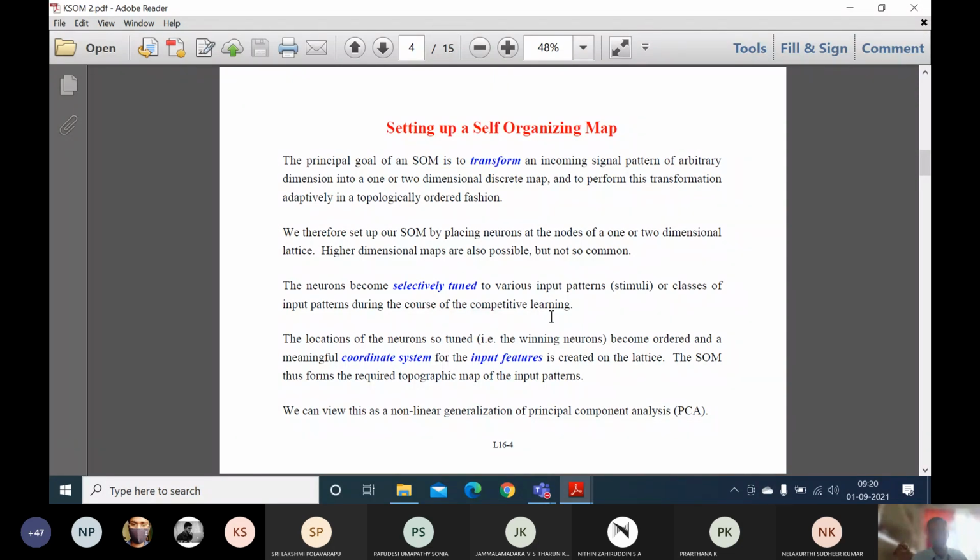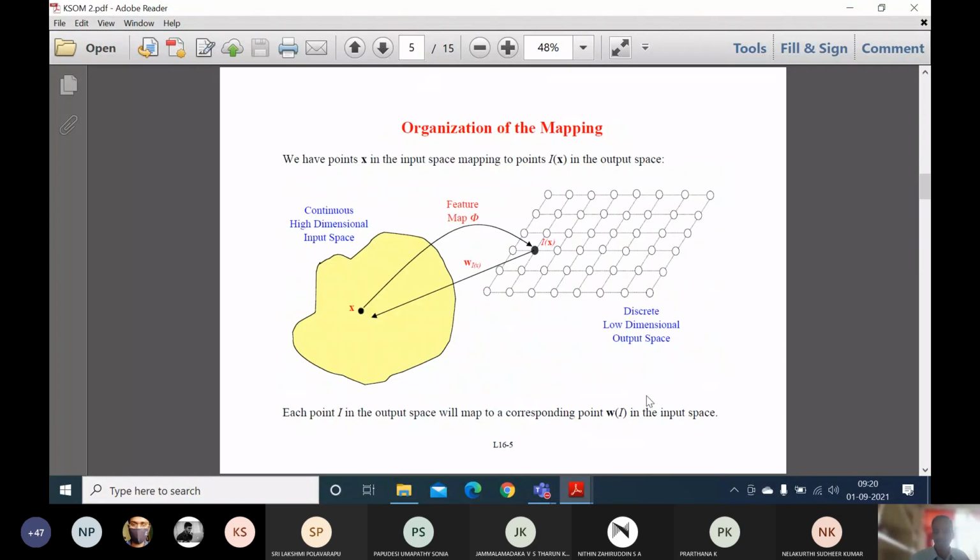That may be class A, class B, or class C, or cluster 1, cluster 2, or cluster 3. So the locations of the neurons so tuned, that is, the winning neurons, become ordered, and a meaningful coordinate system for the input features is created on the lattice. So this is the mapping, or the transformation.